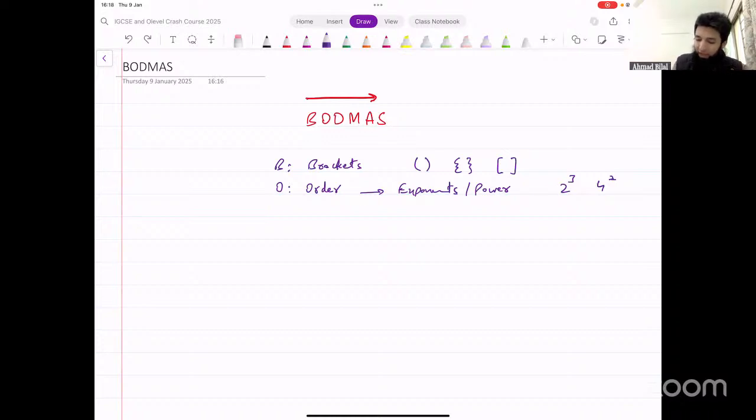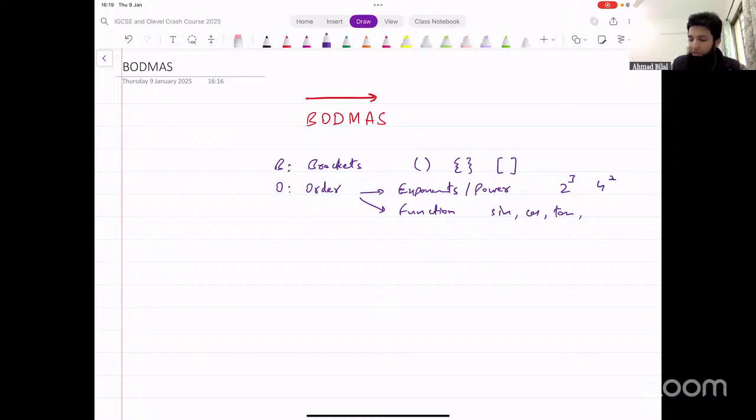Okay. And order also includes functions. So when you have a function applying on a number or an expression, for instance, in your syllabus, you will see sine, cos, tan. This also comes here. You cannot do multiplication, division, addition, or subtraction before you have evaluated sine, cos, tan, etc. Now, later on, you will see other types of functions as well.